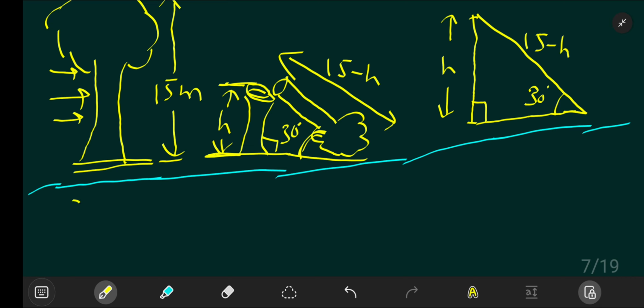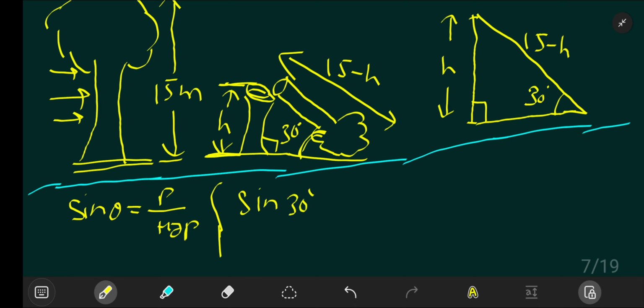Now apply sine theta. Sine theta is equal to perpendicular side by hypotenuse. Theta is 30 degrees, that is given in the question, and the perpendicular side we assumed as h, and the hypotenuse is 15 minus h.